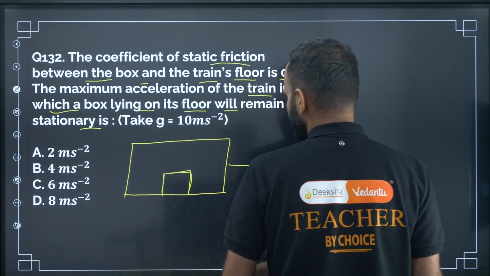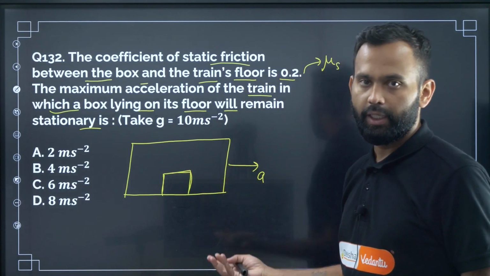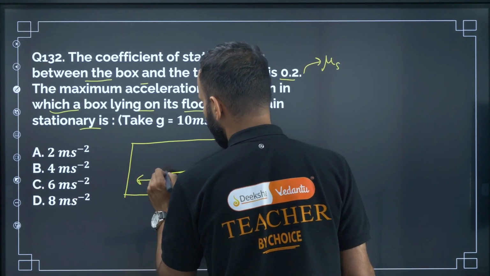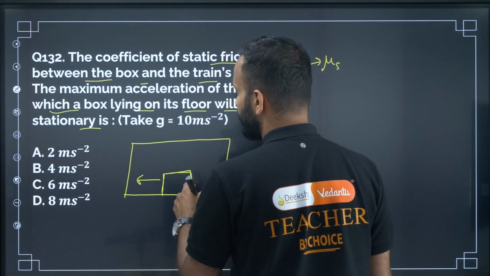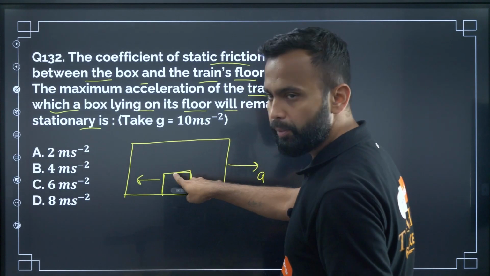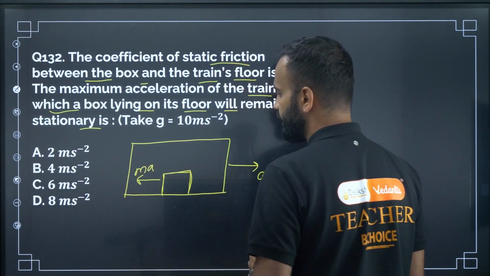When the train moves with acceleration a, this box experiences a pseudo force, right, opposite to the direction of the train's acceleration. So the pseudo force acting on this block is the mass of the block times the acceleration of the train, m into a, isn't it?